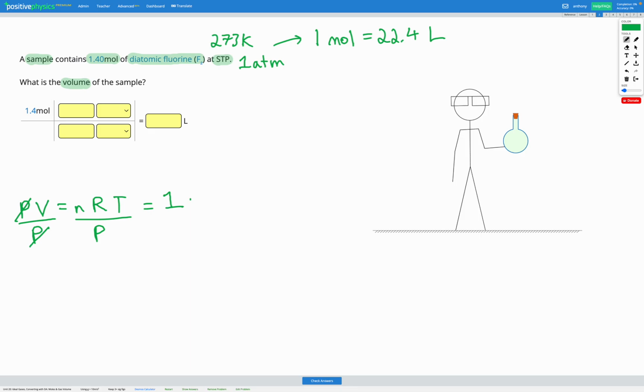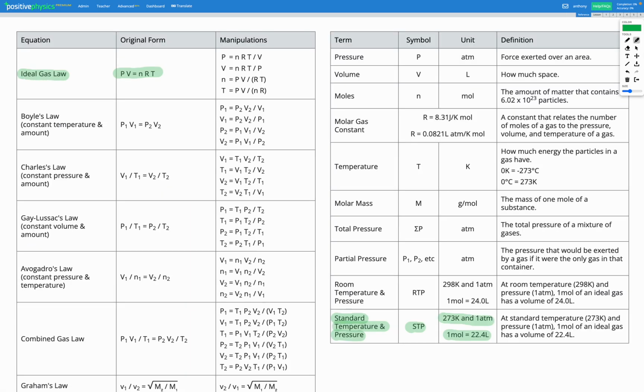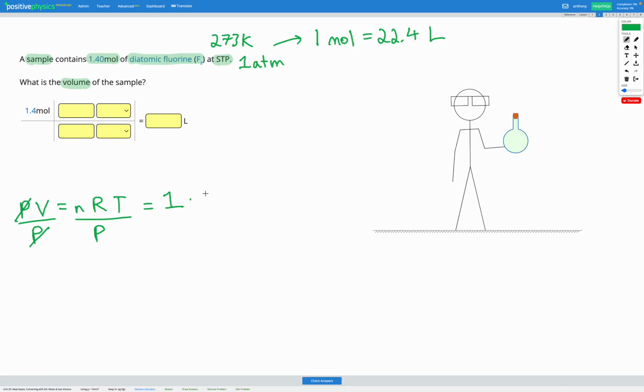R is the molar gas constant. If we look on our reference sheet, we want to use litres and atm for volume and pressure, so we're going to use this version of the molar gas constant, 0.0821. 0.0821 for R, multiplied by the temperature. At standard temperature and pressure, the temperature is 273 Kelvin.